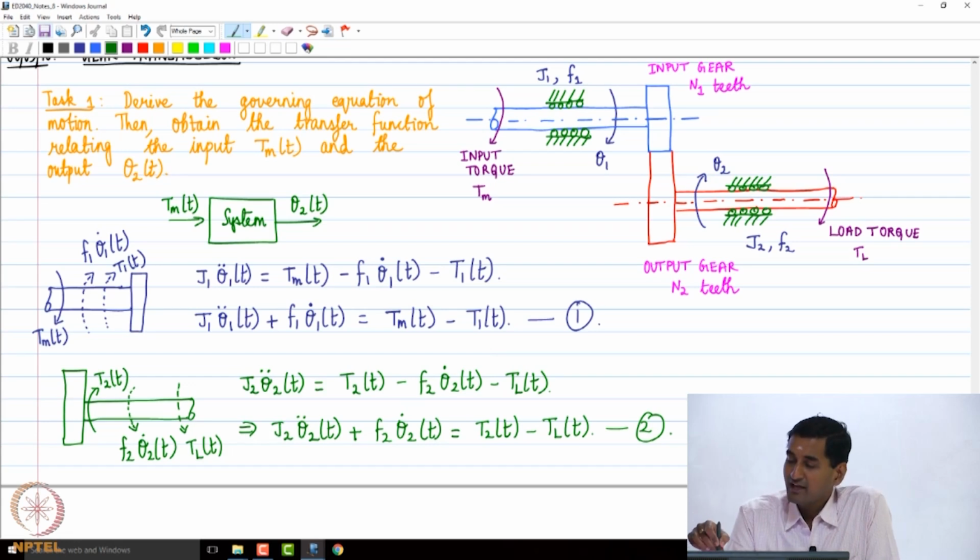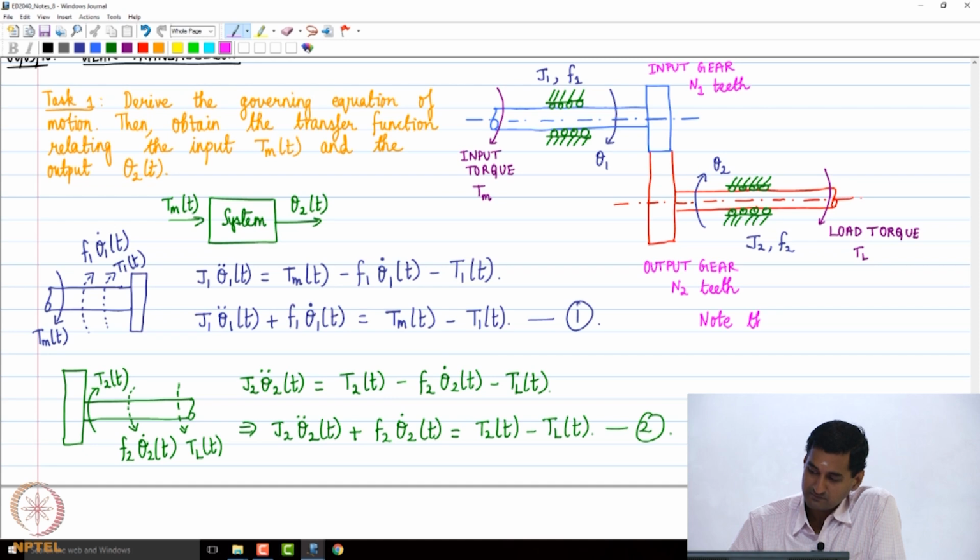Now, please note that N1 and N2 are system parameters. The input gear has N1 teeth and the output gear has N2 teeth. Can we use this information to relate theta 1 and theta 2, assuming that there is no slip at the gear interface? What will be the relationship between the variables theta 1, theta 2 and N1 and N2?